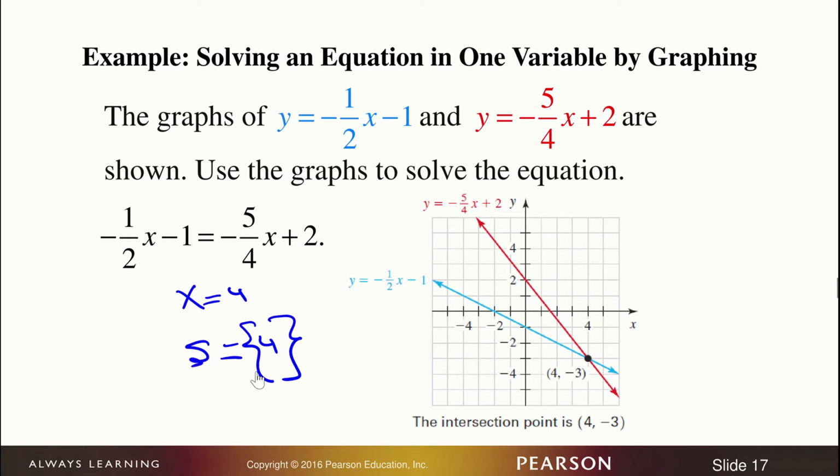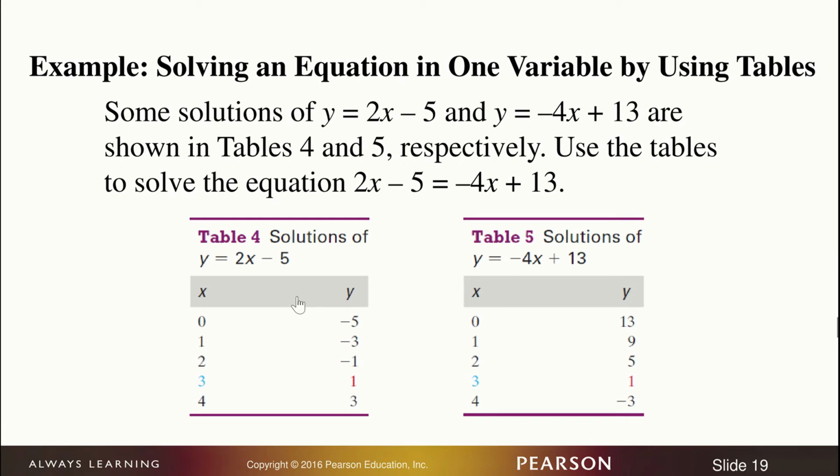All right. If you recall, we can also use tables if they have enough information in them, right? So notice here we are given tables for two expressions. One is 2x minus 5, the other one is negative 4x plus 13. And of course, that expression is what we're calling y in this side, and that's what we're calling y in this table. So notice that the x values that we are using as inputs for the expression are the same x values, 0 through 4, right?